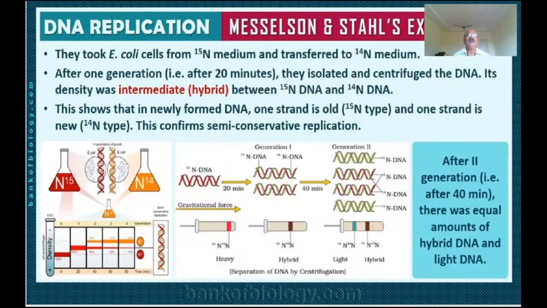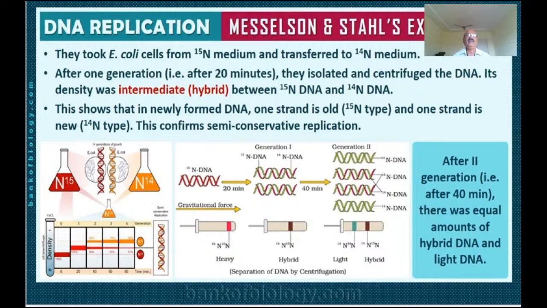They took E. coli cells from N15 medium and transferred them to N14 medium. After one generation, that is after 20 minutes, that means every 20 minutes the bacteria number multiplies, they isolated and centrifuged the DNA.